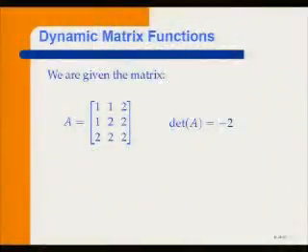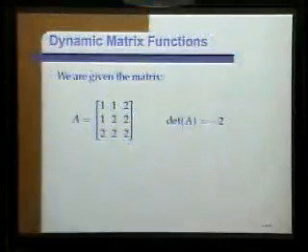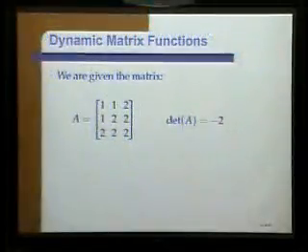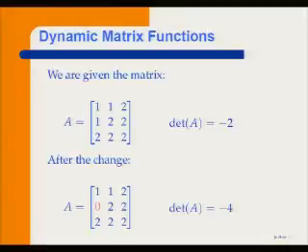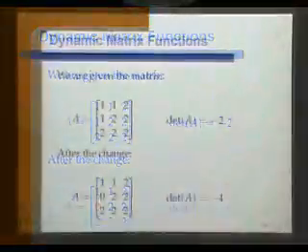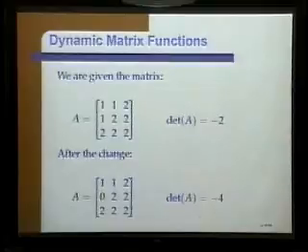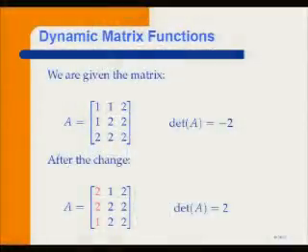We will be solving this problem for determinant, inverse, and matrix. An example is here. We are given some matrix, the determinant of this matrix is given here, and we would like to change some value. For example, changing 1 to 0, then the determinant is equal to -4.